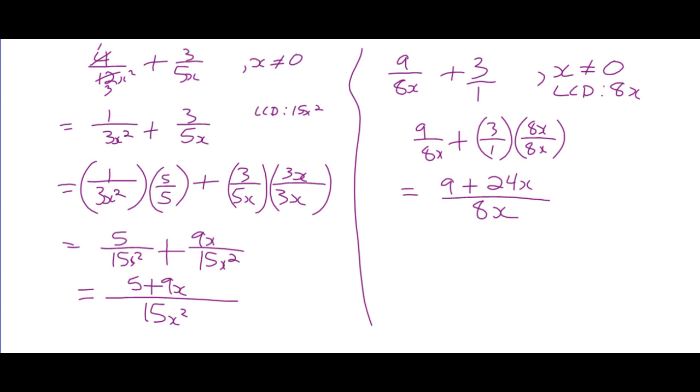Okay, now you're not likely going to get many questions that look like any of these, right? But it's building up to something that looks like this. So here's a binomial.